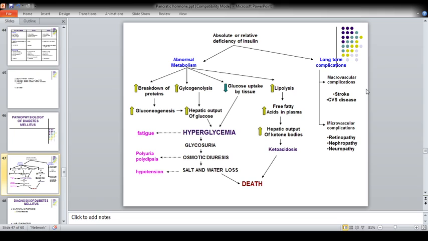Then there are microvascular complications. Sometimes what happens is, our nerves and the end organs such as the fingers, such as the nerves that are present in fingers, such as our retina, eyeball, these are supplied by very minute capillaries, very small blood vessels.